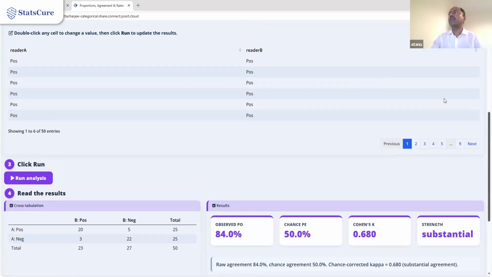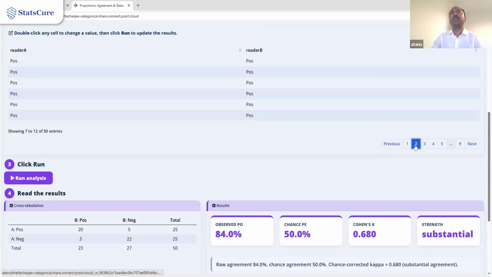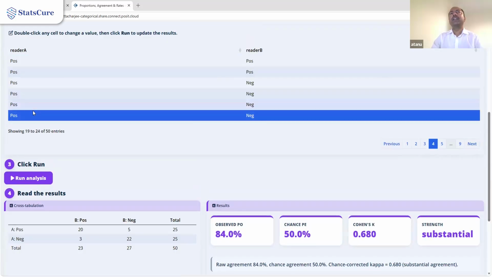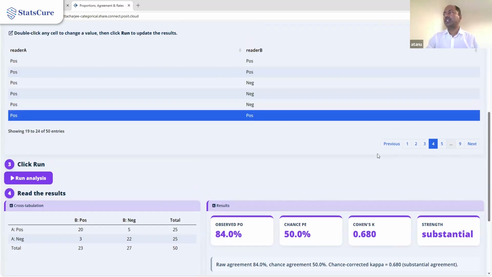Let's say we replace this value somehow. Here both are positive, but let's say reader A says positive and reader B says negative. Now let's make reader B positive as well. Just for the sake of this example, our kappa was 0.68.